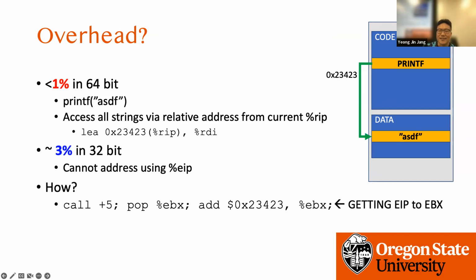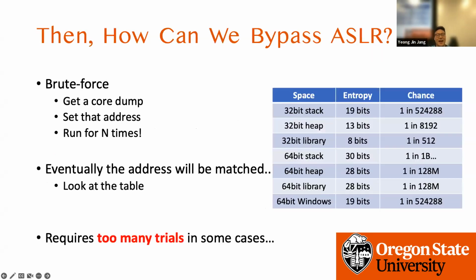Then let's move forward. How can we bypass ASLR? The first naive way is a brute force attack. If you know where the buffer overflow vulnerability is, crash the program. Then it will give a snapshot of the whole address space as a core file.